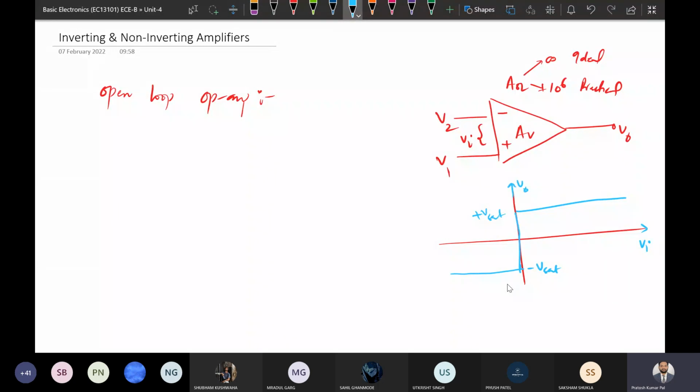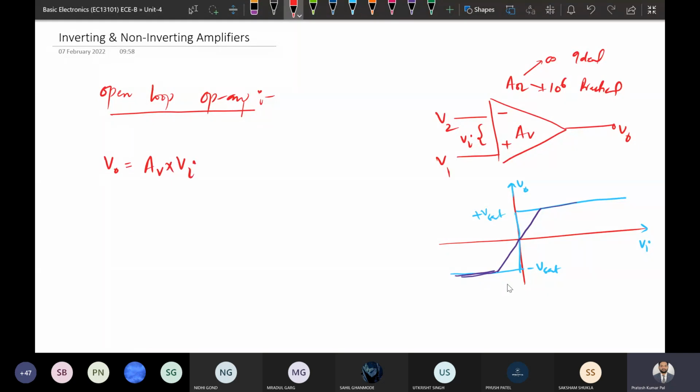Input is the difference of these two. In case of a practical operational amplifier, the output increases linearly and then becomes constant. It also increases linearly in the negative direction, then becomes constant. So this was the analysis for the open loop operational amplifier, where V output was the gain multiplied by V input.